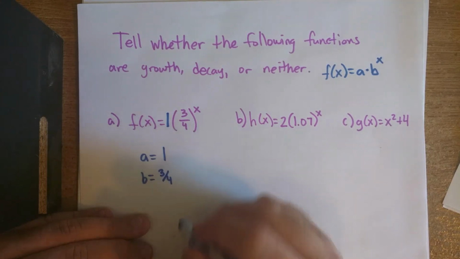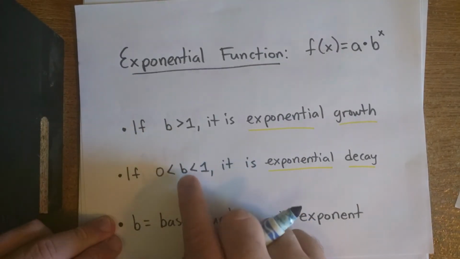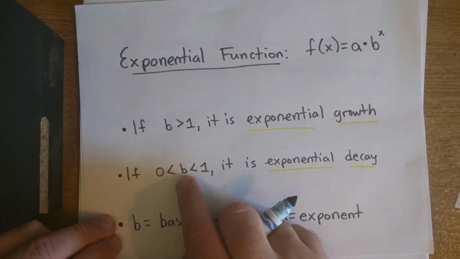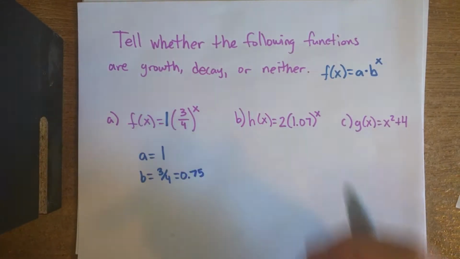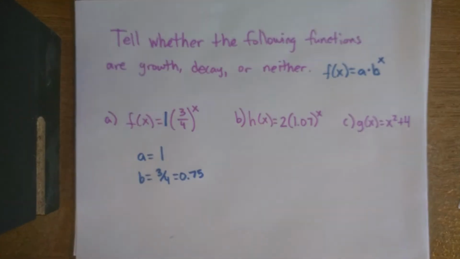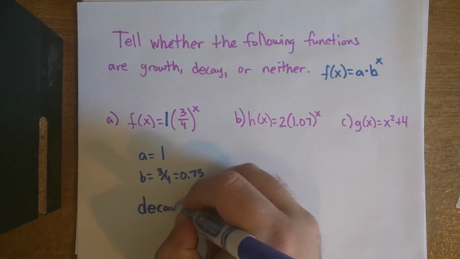Now, is 3/4 greater than 1, or is it between 0 and 1? Well, 3/4 is the same thing as 0.75, and that is between 0 and 1, which means that this is a decay function.